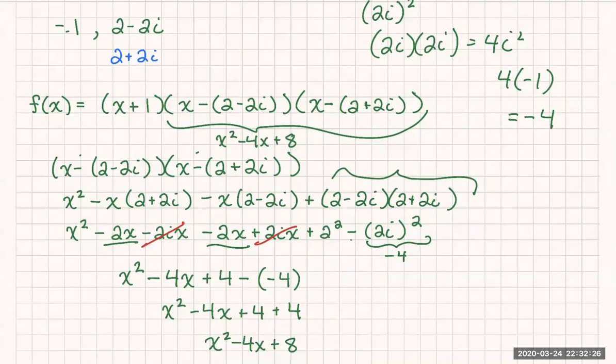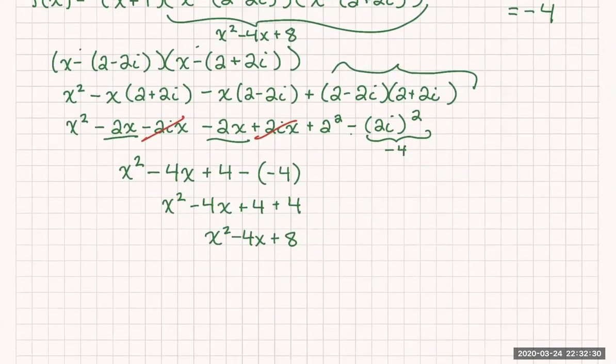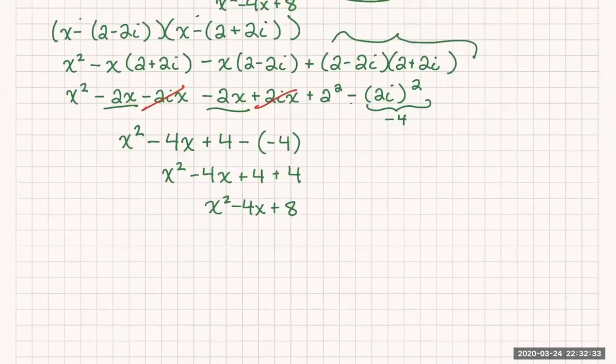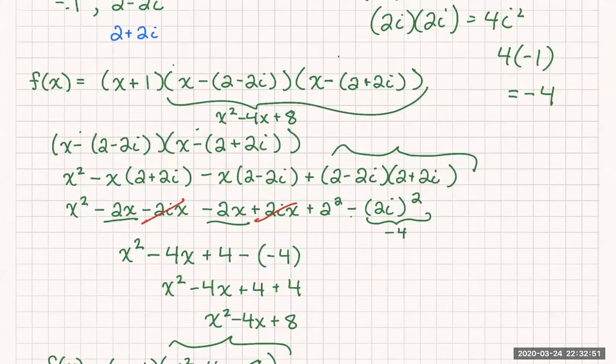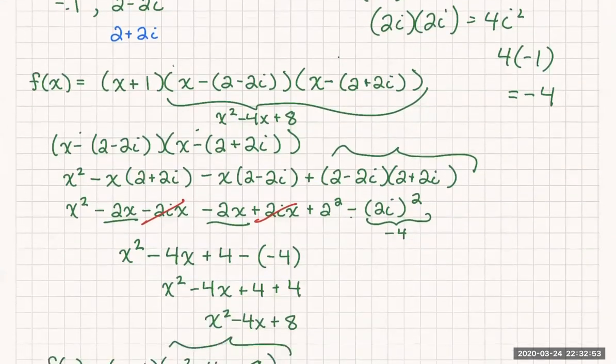So this whole thing is x squared minus 4x plus 8. Now, that's just the multiplication of these two binomials, okay? I still got to distribute through with x plus 1. This is an example of an irreducible quadratic, because this quadratic, if you solved it, you would have gotten the roots 2 minus 2i and 2 plus 2i.